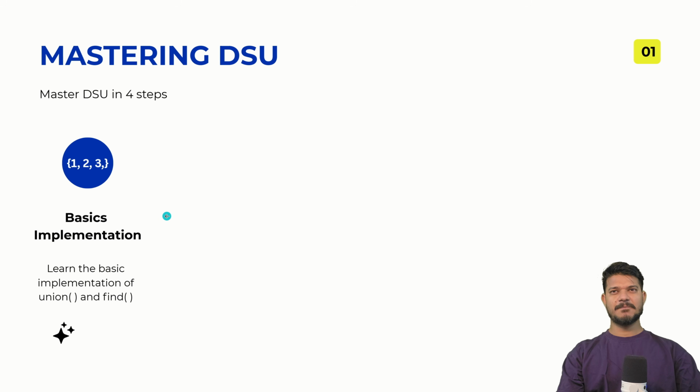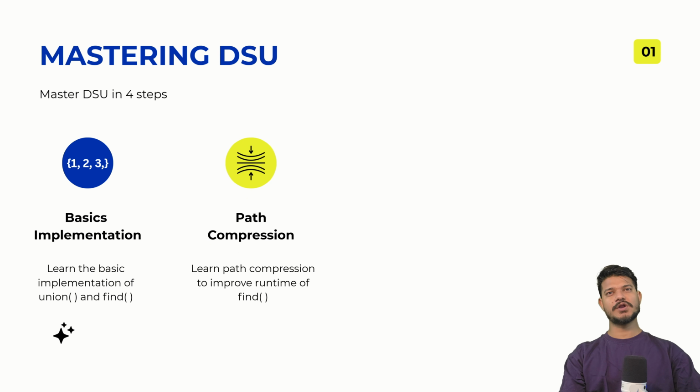Very easy. But the issue with the basic implementation is that over time, the time complexity of find increases immensely, so you have to do some optimization. One optimization that you can do on DSU is path compression.